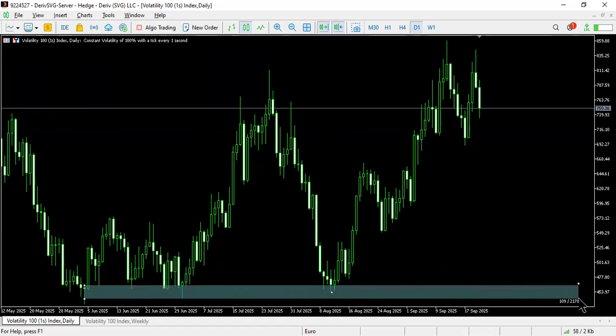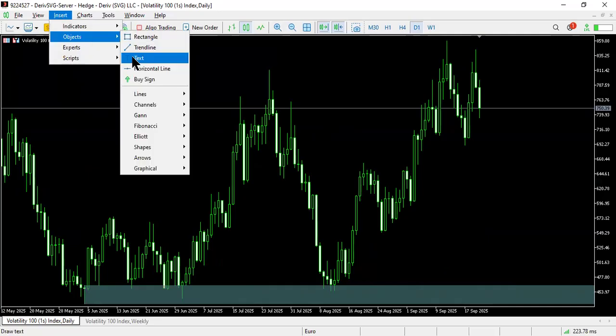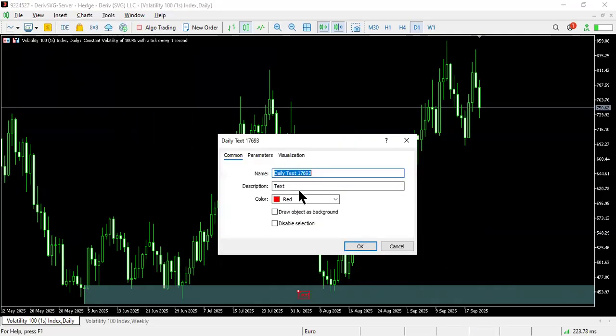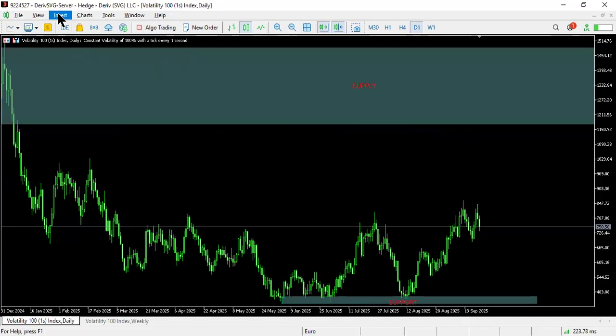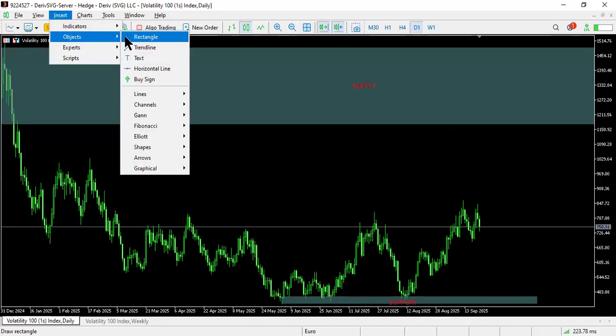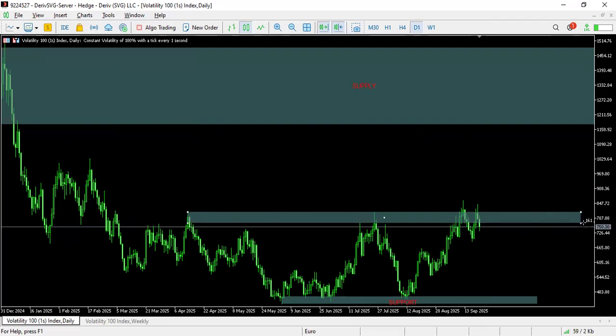So that is our support. That is our support level. And then if we minimize, we can see that price is reacting off that resistance.